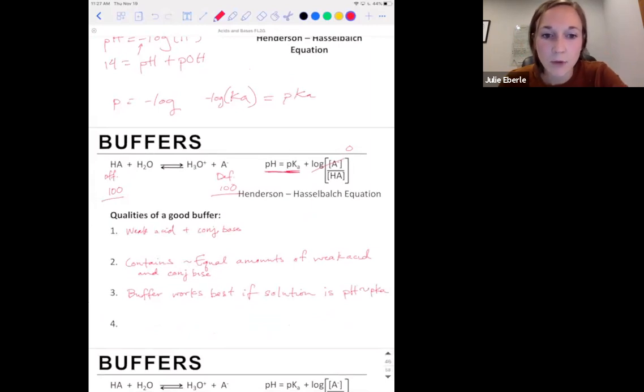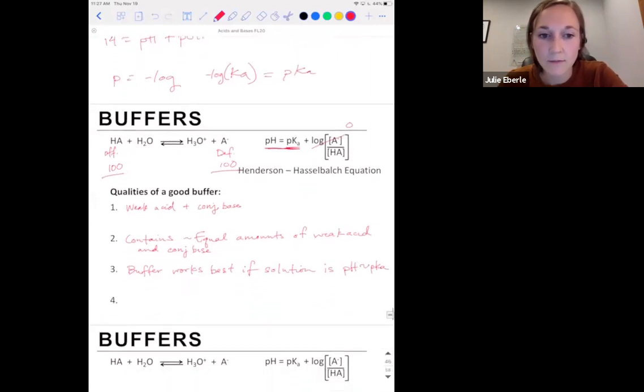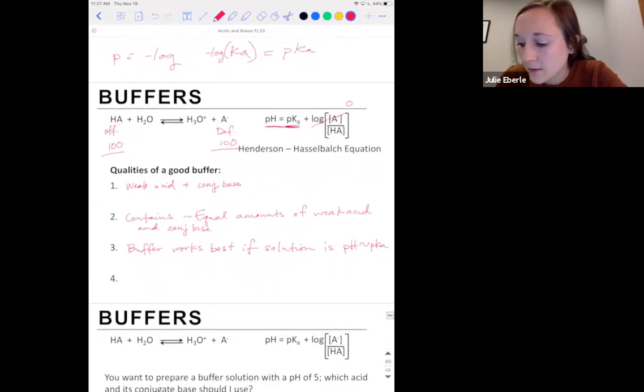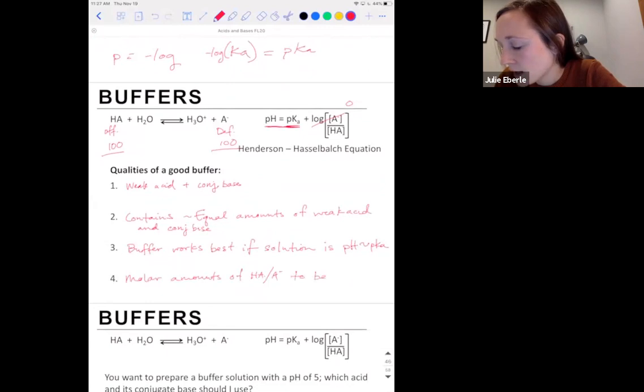So we're actually going to work a practice problem on that in a second to help us figure out how to apply that. Lastly, you want the molar amounts of the weak acid, which is HA, and the A- conjugate base, to be in excess.